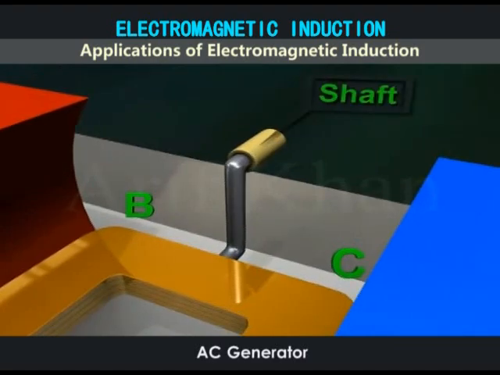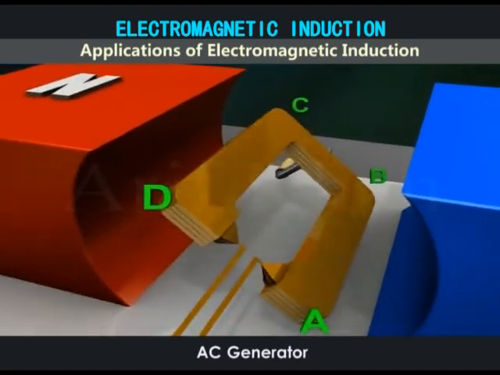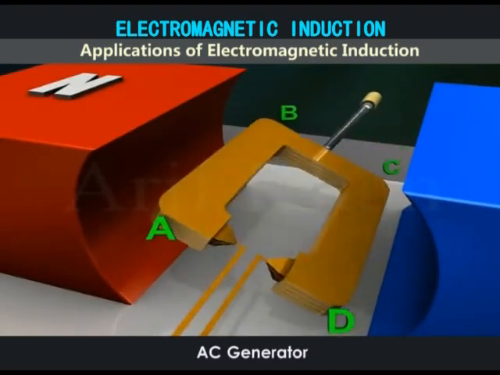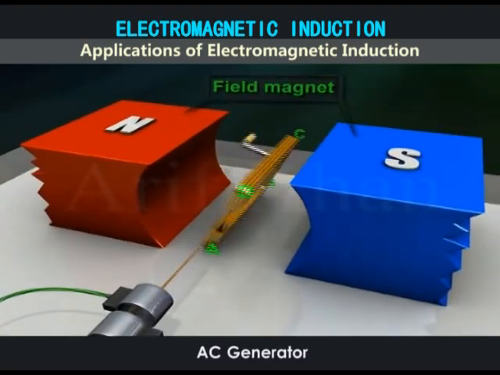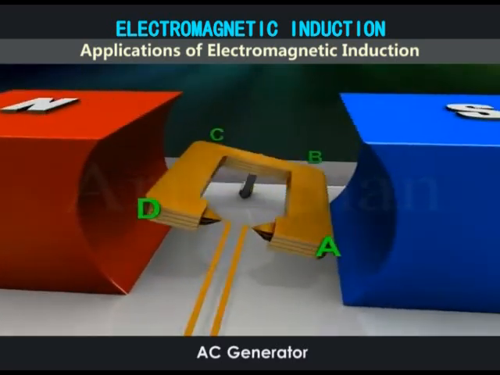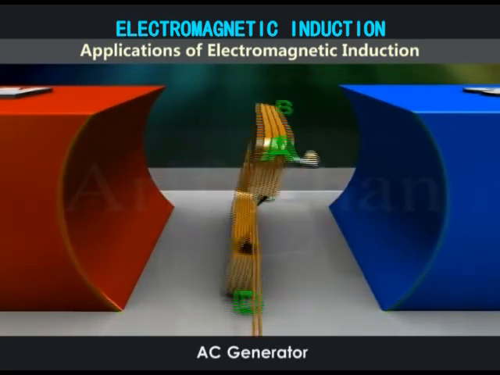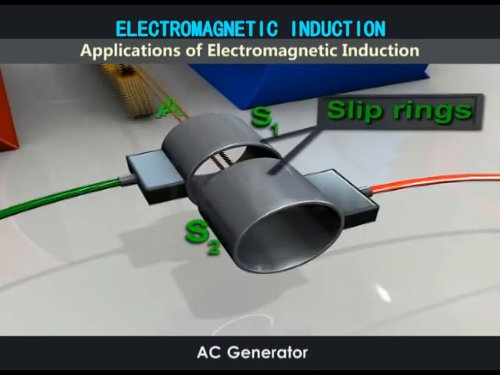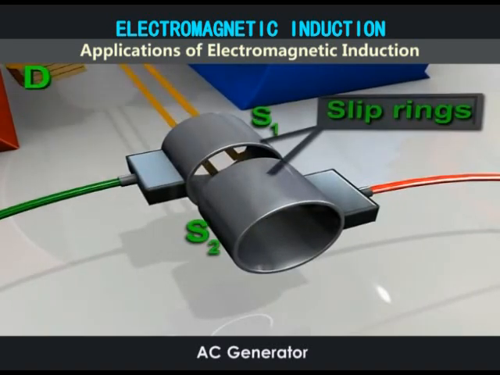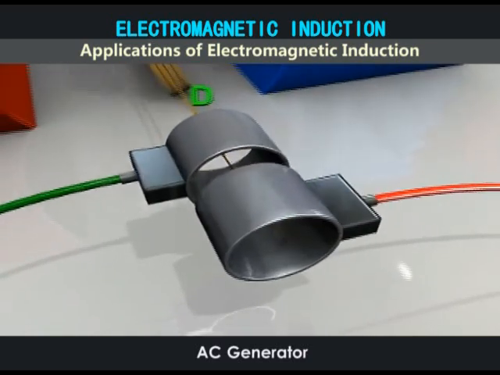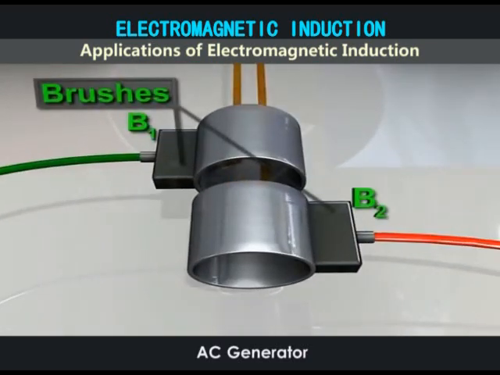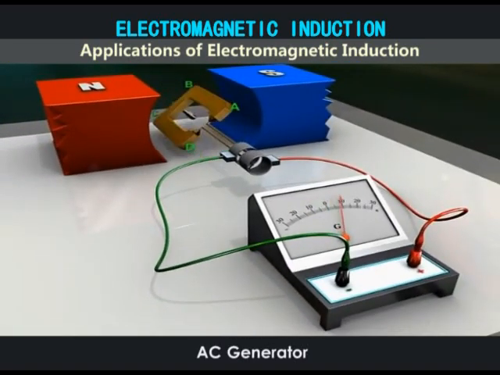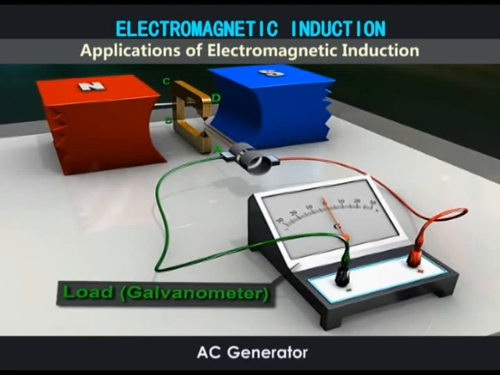A shaft that can be rotated rapidly, a field magnet, which is a strong field magnet with concave poles, two slip rings S1 and S2 connected to the armature and thus rotate with it, two brushes B1 and B2 which provide electrical contact with the slip rings, and a load which may be a galvanometer.